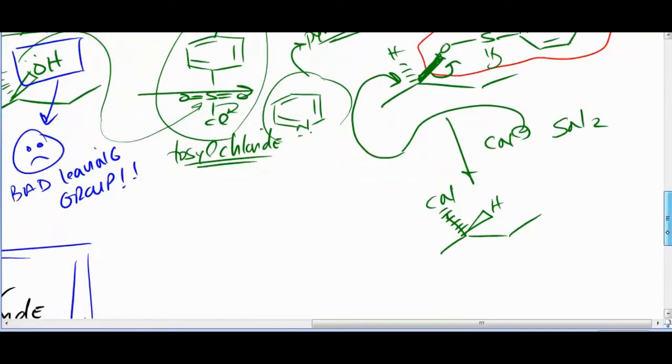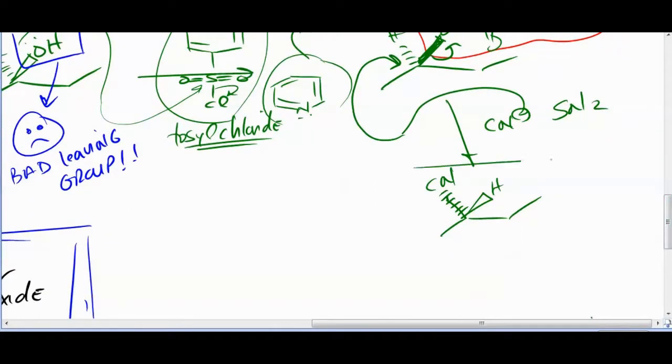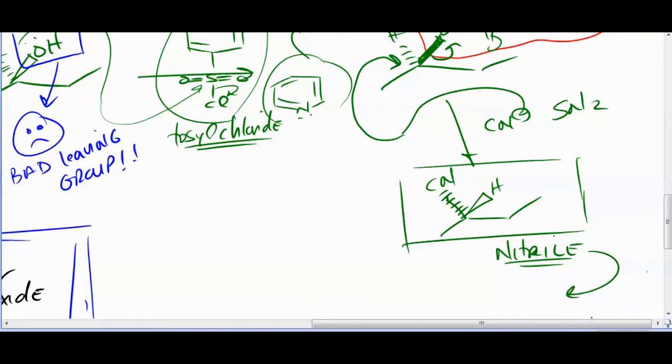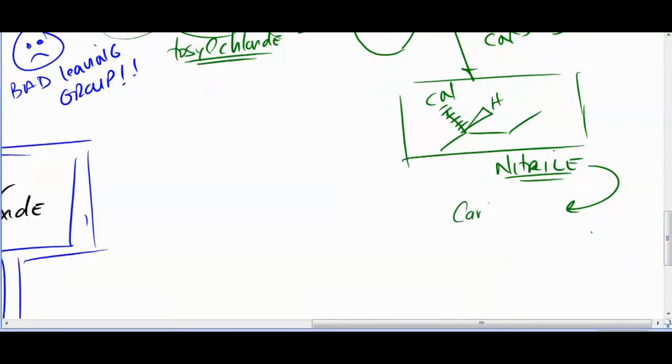And now this is a nitrile. This is a carboxylic acid derivative. So what can we do to carboxylic acid derivatives? That's right.